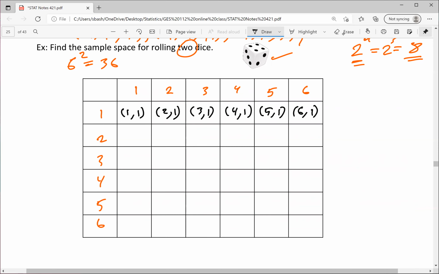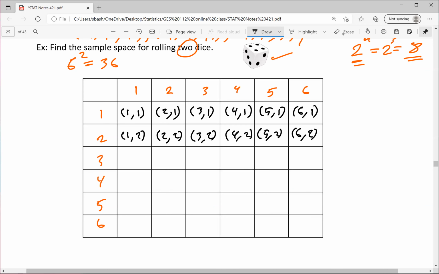Or the first one gives me 1, the second one gives me 2, or 2 and 2, 3 and 2, 4 and 2, 5 and 2, 6 and 2.